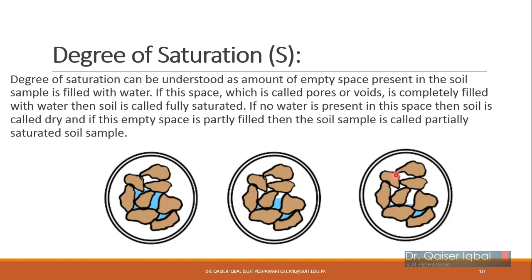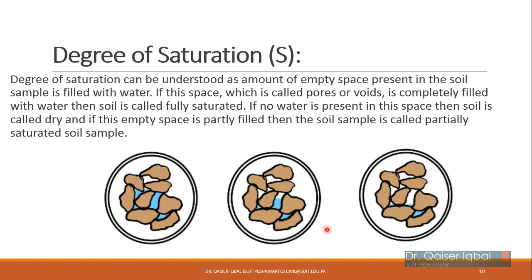While if the volume of voids is completely occupied by air, it will be a dry soil. While if the volume of voids is partially saturated by water and partially by air, it will be, as the name implies, a partially saturated soil.